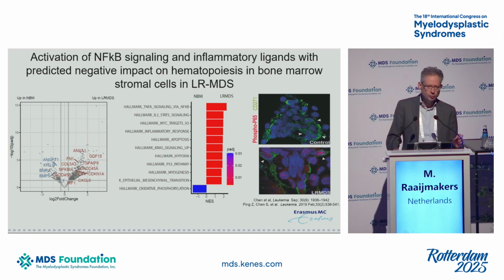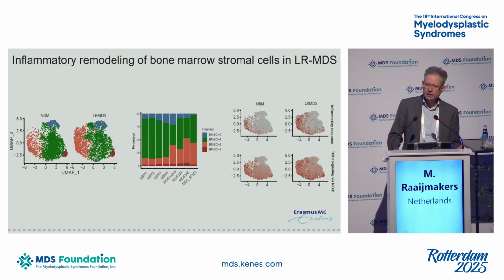Now, what if you zoom in and dissect this at a single cell level within this stromal population? That is shown here, and basically to summarize this, what we observe, and this is not unlike what we observed in AML, is remodeling of the stromal compartment with a relative loss of stromal cells that have high expression of KIT ligand and CXCL12.